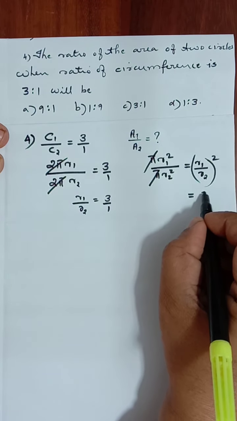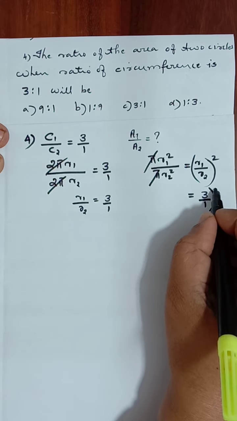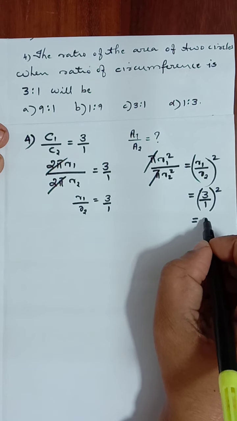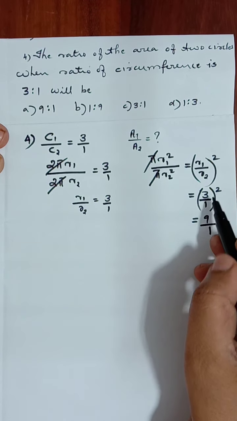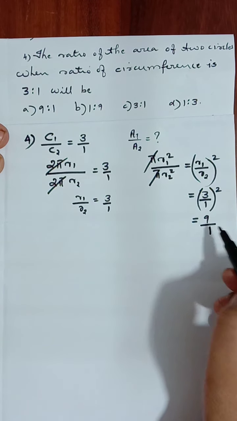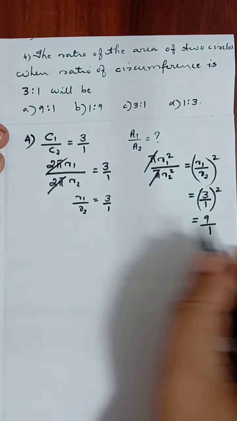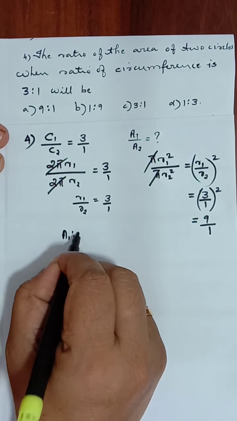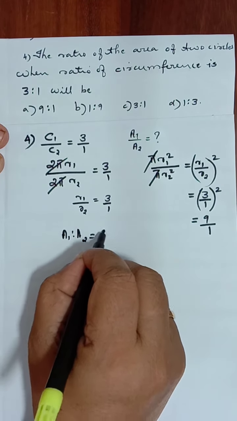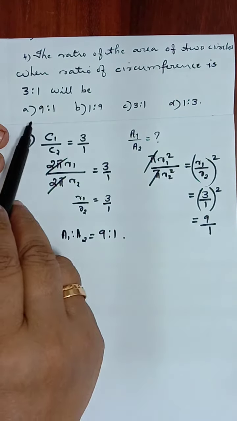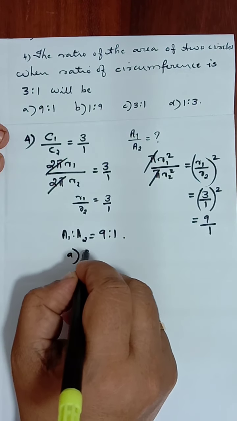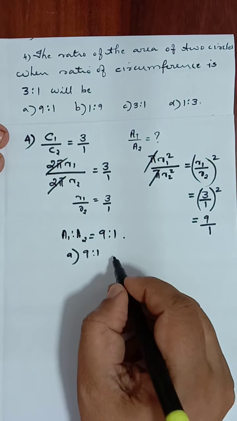So R1 by R2 is 3 by 1, its square. What is its square? 3 square 9 and 1 square 1. 3 square, be careful, 3 into 3 is 9. So the required ratio A1 is to A2 is equal to 9:1. Check the option children, 9:1. It is option A, 9:1 is correct.